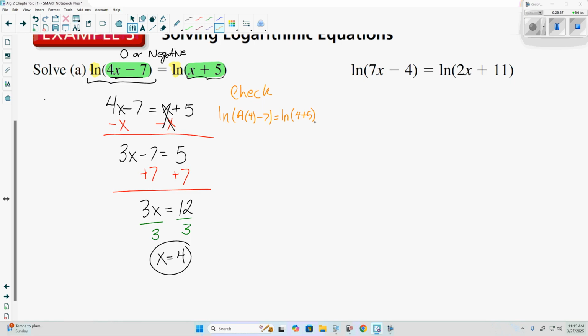We can use a calculator, or we can simplify what's inside first. 4 times 4 is 16 minus 7. On the other side, we have the natural log of 4 plus 5, which is 9. Now 16 minus 7 would be 9. And the natural log of 9 is indeed equal to the natural log of 9. Our final number inside both logarithms is a positive 9, which isn't 0 or negative, telling us that x is indeed equal to 4.